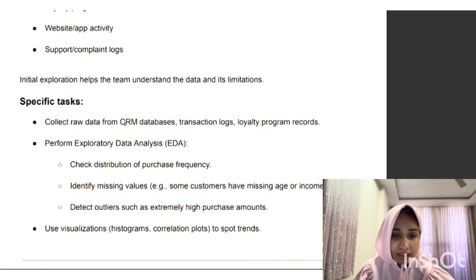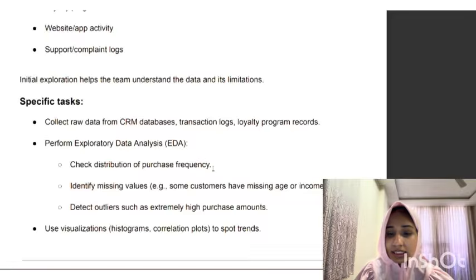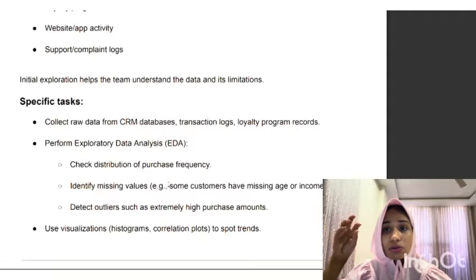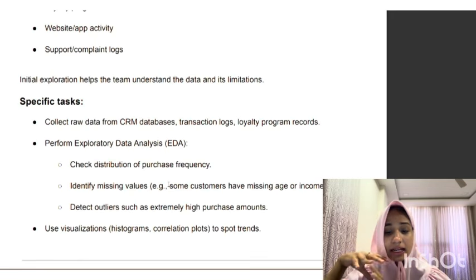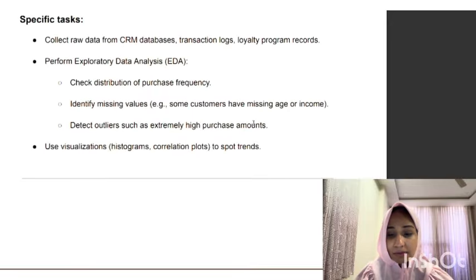Now, what are the specific tasks? Collect raw data from CRM databases, transaction logs, and loyalty program records. Now, perform exploratory data analysis, which is known as EDA, like checking the distribution of purchase frequency and identifying missing values.